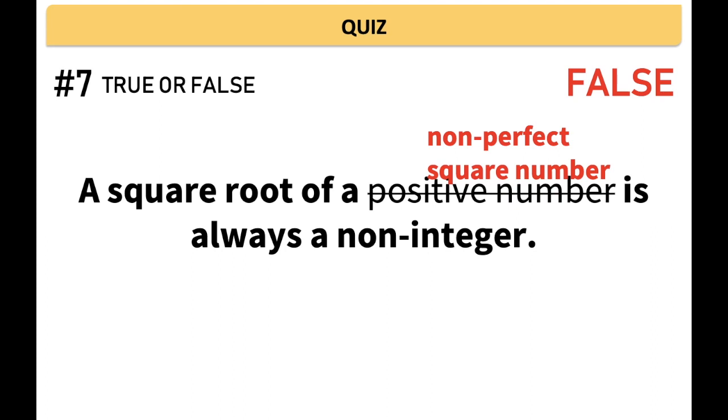So, minsan, sa mga true or false question, take note of keywords like always, sometimes, must be. So, kapag kunwari, meron kang statement na may word na always, maghanap ka lang ng isang exception, pwede mo nang sabihin na yung statement is false. So, to make this statement true, dapat a square root of a non-perfect square number is always a non-integer.